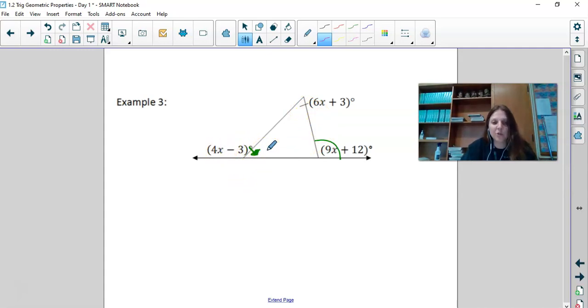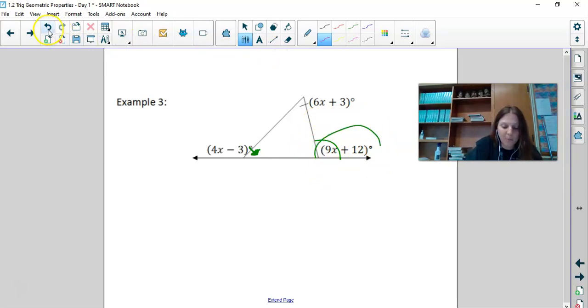This property is a geometry property that says, so make sure you're copying this down, the sum of the measure of the remote interior angles, remote means that they're away from this one, the sum of the measure of the remote interior angles is equal to this exterior angle.